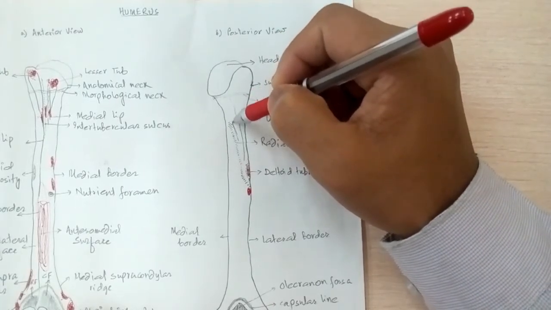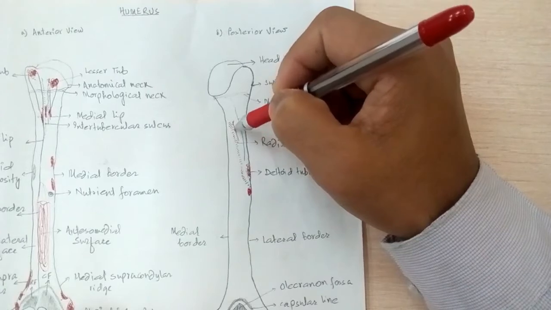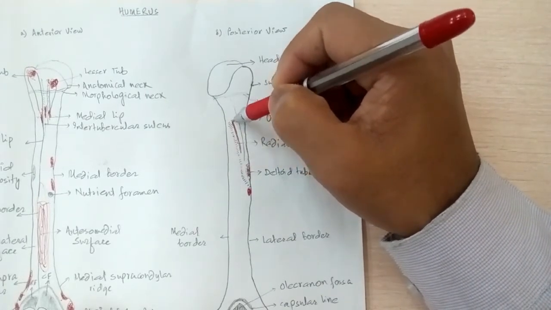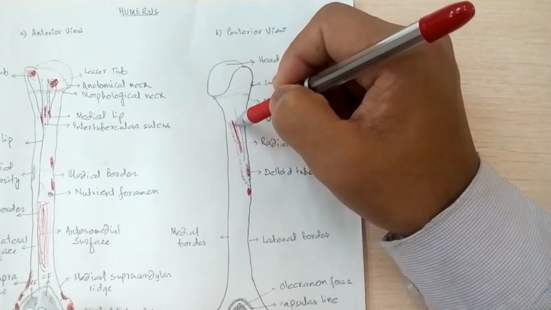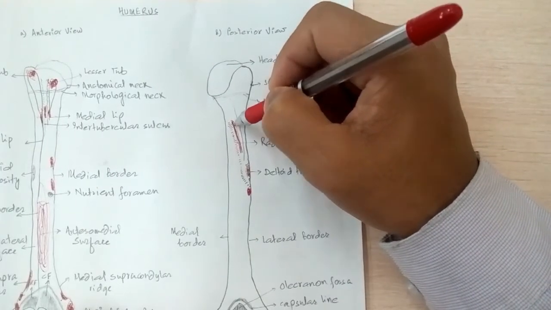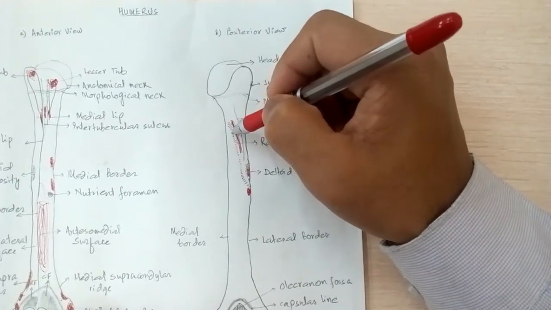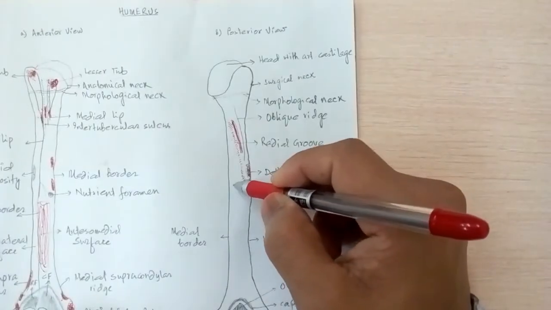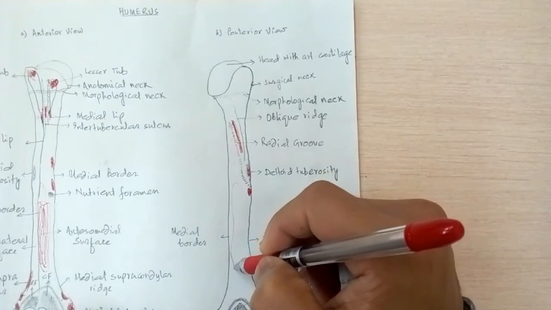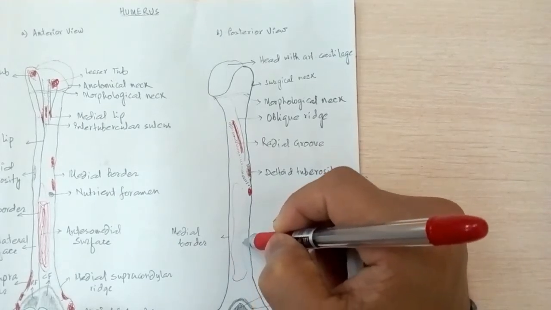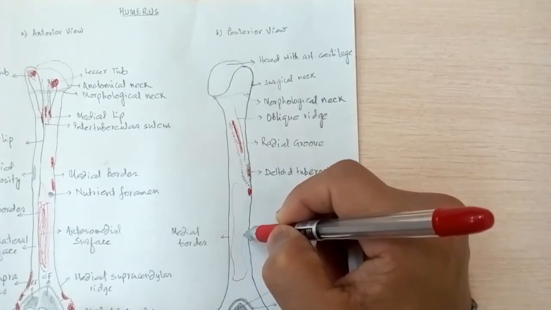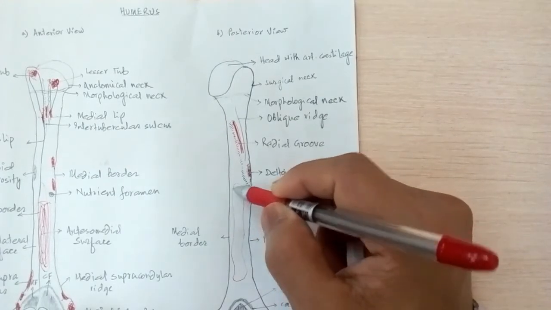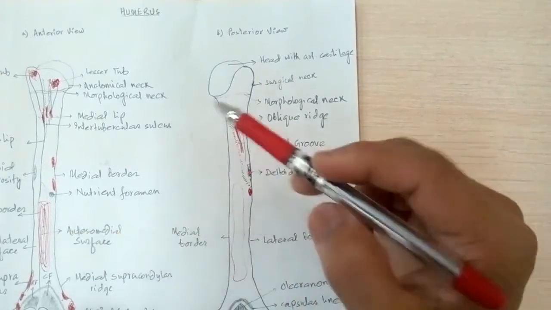So now here you can see the lateral head of the triceps brachii. And we have the radial groove, and here is a big muscle, a huge area is occupied, as in the case of the anterior aspect, where the brachialis occupied a huge area of the shaft on the anterior surface.